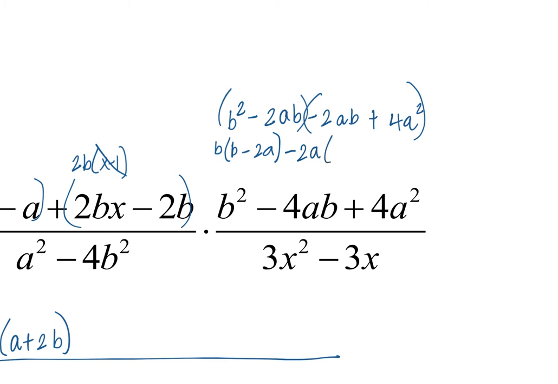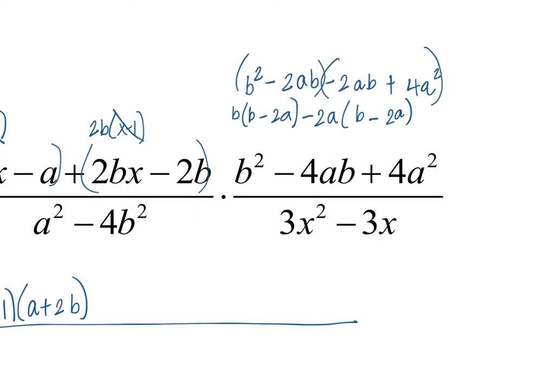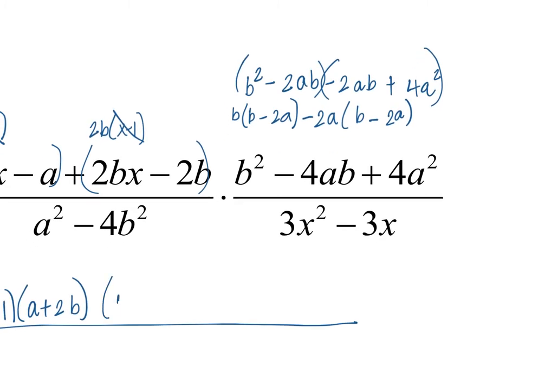And then if you say negative 2ab divided by negative 2a, you would be left with b. And 4a squared divided by negative 2a is negative 2, and a squared divided by a is a. So that factors into b minus 2a. If you factor a b minus 2a out from both, you would be left with b minus 2a there as well.